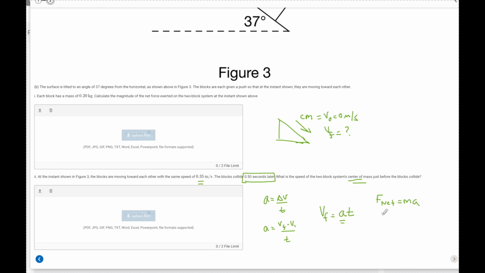I solved for F net to be 1.2 newtons acting on the system, and the mass is 0.2 kilograms. Therefore, the acceleration of the blocks and the center of mass is going to be 6 meters per second squared. So I can now plug this in and say 6 meters per second squared, and it acted for an amount of time of 0.5 seconds. I know the final velocity of this block is going to be 3 meters per second.